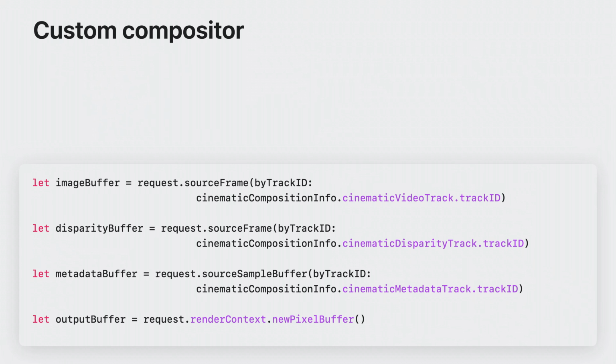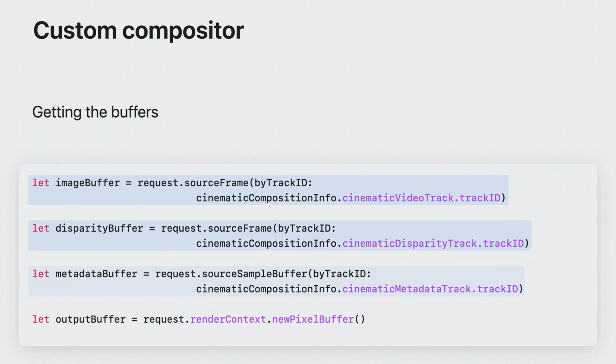Let's take a closer look at what goes on in the custom compositor. There are a few key things specific to the Cinematic API inside the start request function in the custom compositor. Using the track IDs from the cinematic composition, I get the source buffers for the current frame from the original video track, the disparity track, the metadata track, and finally I create a buffer for the rendered output.